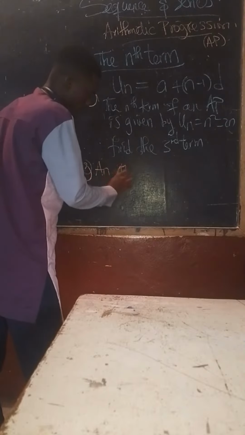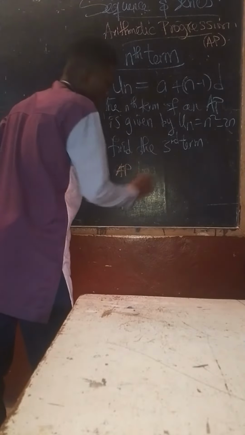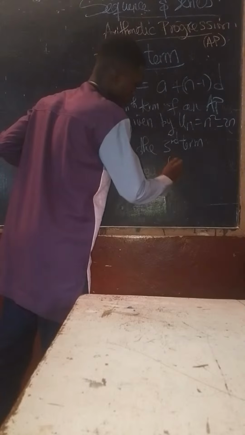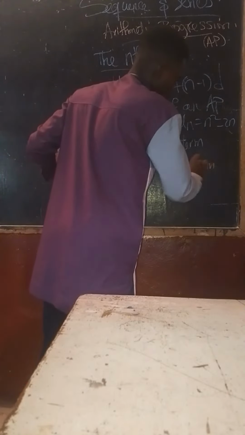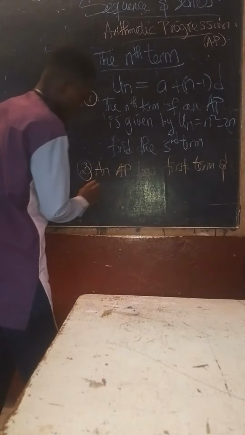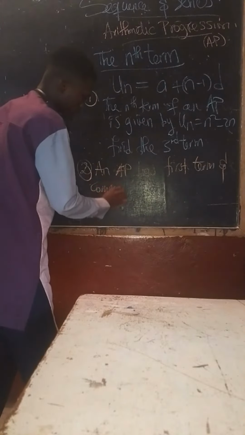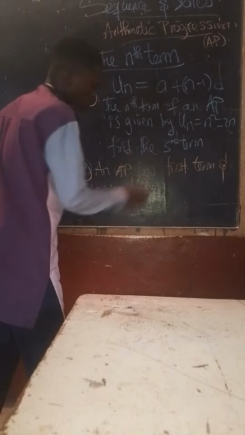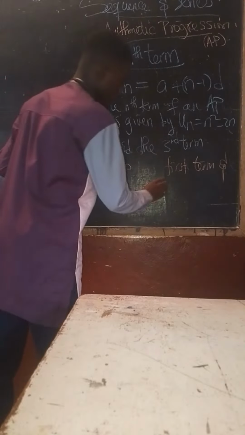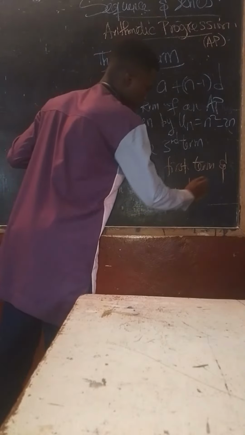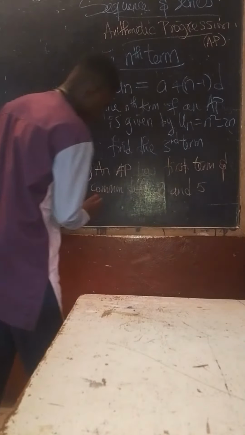An AP has first term and common difference 2 and 5 respectively.